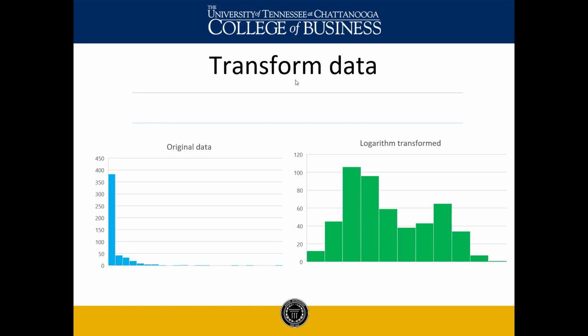The values of the variable are here, and this is your frequency. Most of the observations are clumped together here in this little area, and then very little on the rest of them. Now this is a problem, not in all of the classification models that we'll be using, but there are models where this is a problem.